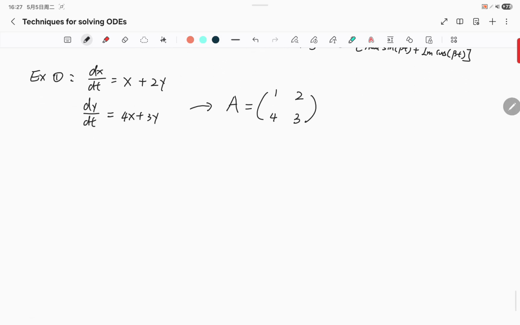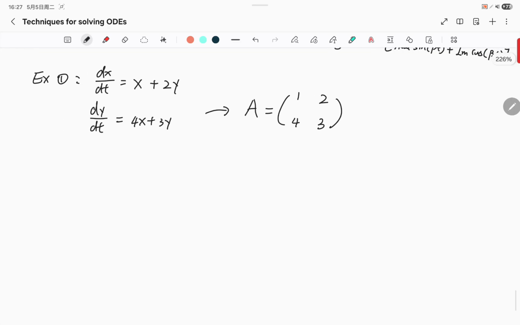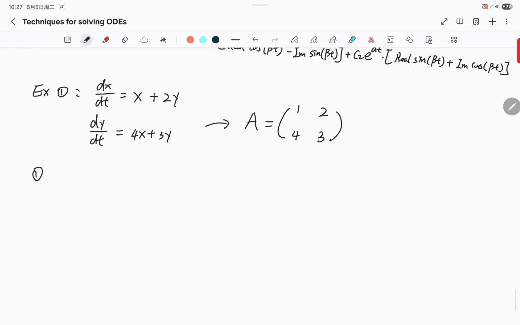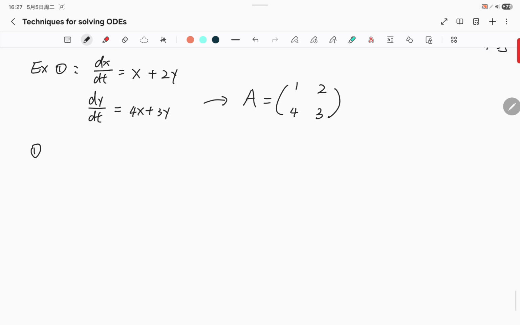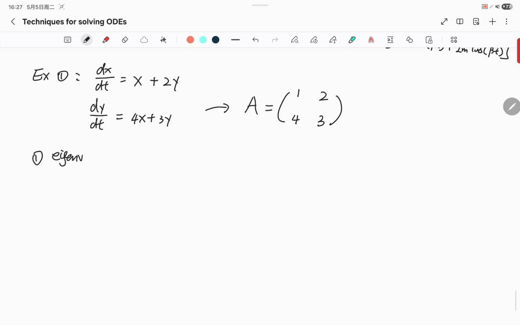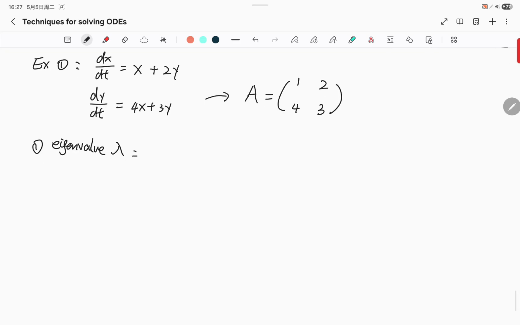Now, the first step is to get the eigenvalue lambda. It's obtained by using this equation: the determinant of A minus lambda times I, I being the identity matrix.